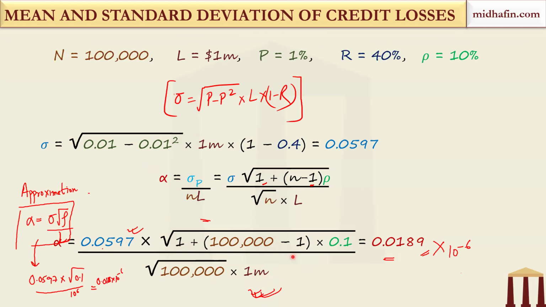You calculate this and you're getting 0.0000000189, like this: 7 zeros and 189, because 1 zero is already there, and you will have 6 zeros from 10 to the power minus 6, because there is a division over here.